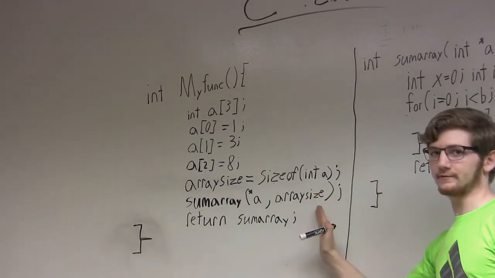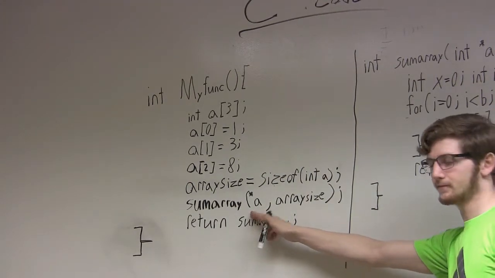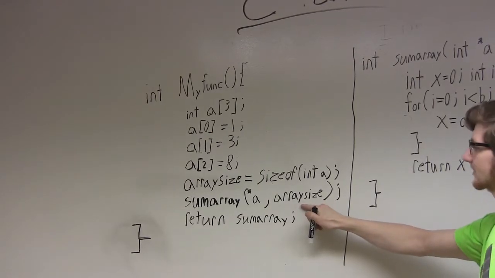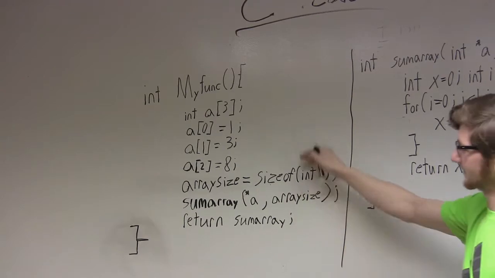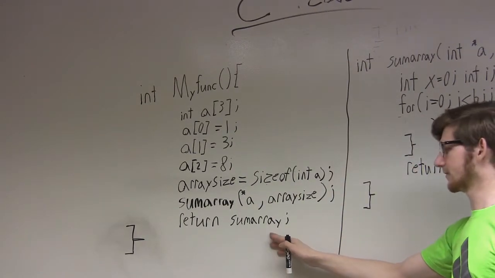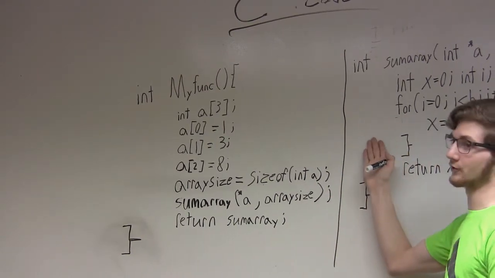In the actual function, we are going to be passing a pointer to the base of the array, along with an integer that contains the size of the array, as shown by the size of int a over here. At the end of this function, we are going to be returning the value that comes from the function here.